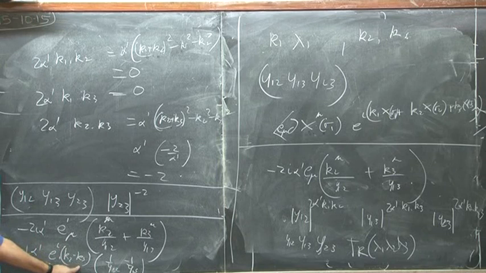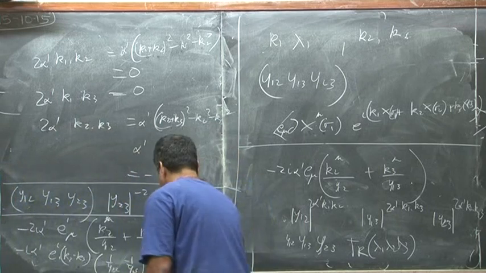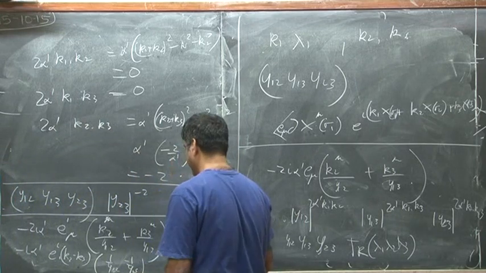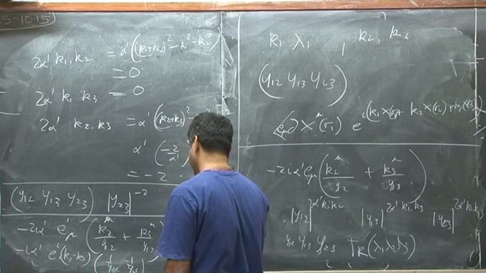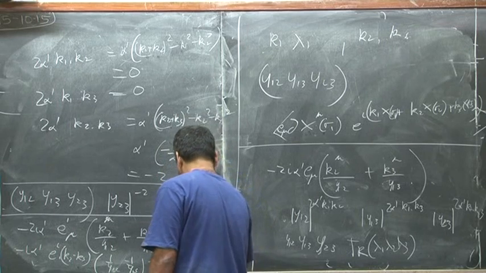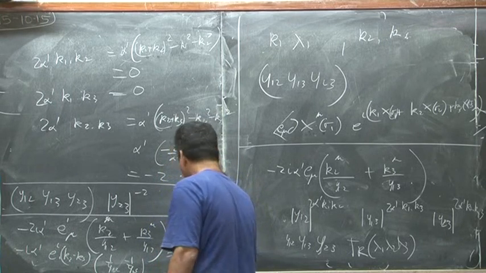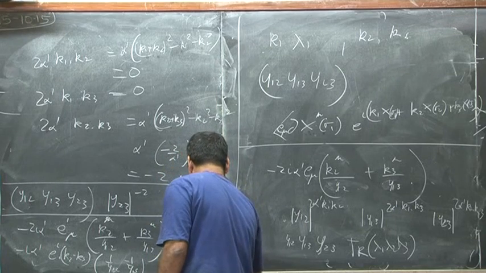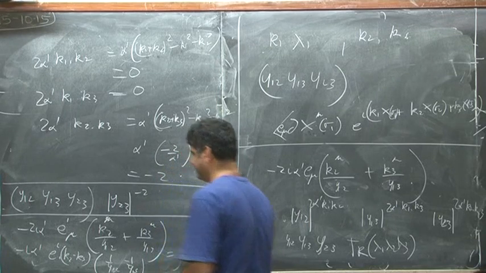Remove the 2 because I got 2 of these. Is this clear? And then I simplify this. This is equal to y13 minus y12, so that's y23 over y12 y13.